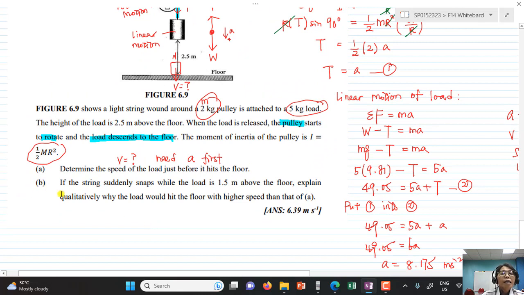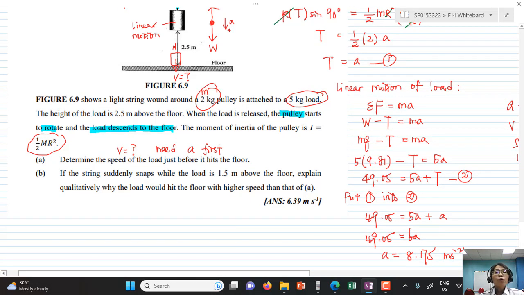Then question B, if the string suddenly snaps while the load is 1.5 meter above the floor, explain qualitatively why the load would hit the floor with higher speed than that of A. So why, when the string suddenly snaps, will the load hit the floor with higher speed? When the string snaps, it means it breaks, so our tension becomes zero.